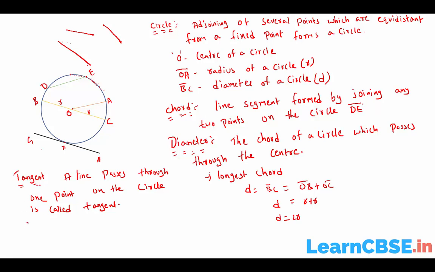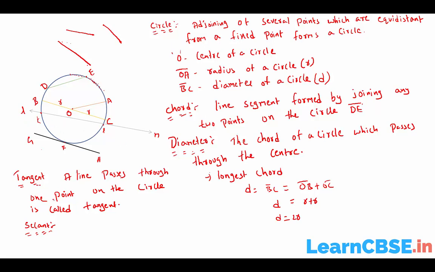Now secant. We can define the secant as a line which intersects the circle in 2 points. Intersecting means it cuts the circle at 2 points. Observe carefully. LM is a line intersecting at 2 different points, let them be small k and L. It is intersecting, that means cutting the circle at 2 points.